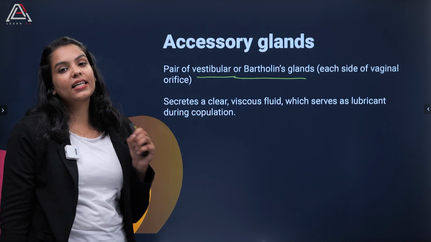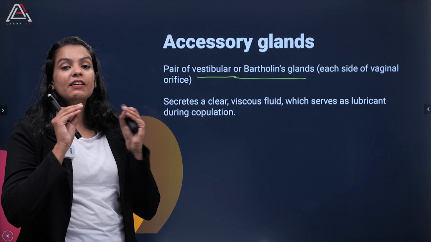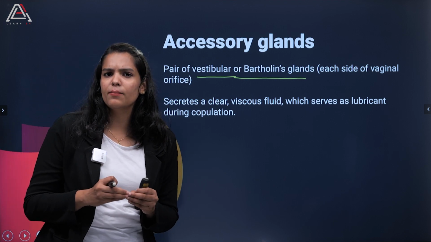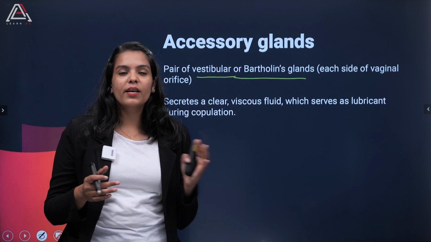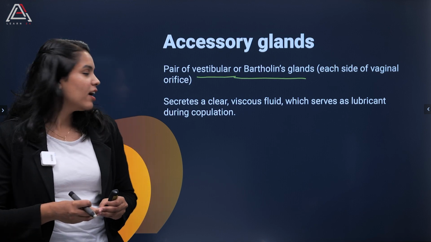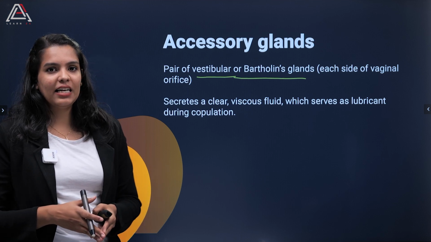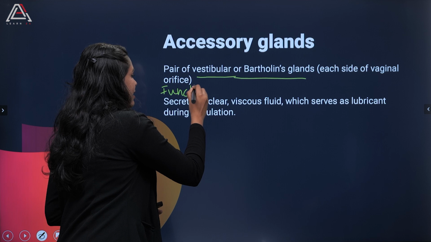Okay, so these glands can be seen on each side of the vaginal orifice. The vaginal orifice is nothing but the opening of the vagina. So these glands are basically seen in pairs around the vaginal orifice, right? Now you may be asking, what is the function of this particular gland?